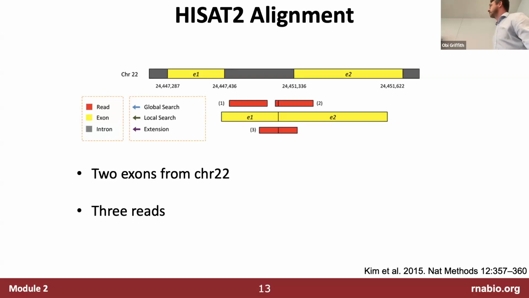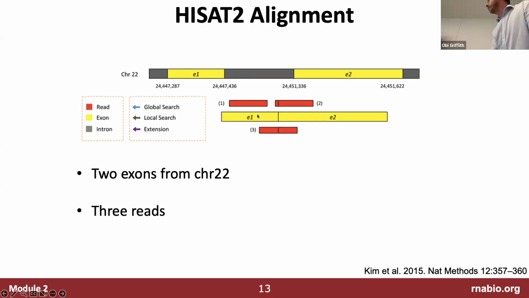So we're going to use this cartoon to walk through some scenarios to illustrate what HISAT is doing. So imagine you have this very, very simple gene with 2 exons and a small intron in between, right? So this is much simpler than the typical case, but just for illustration purposes.